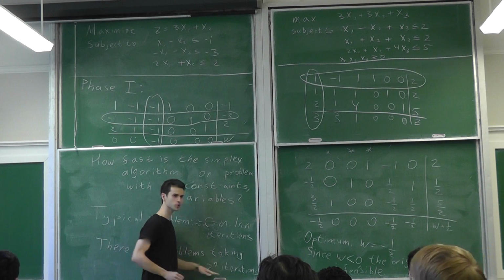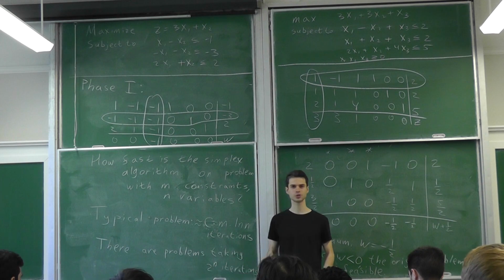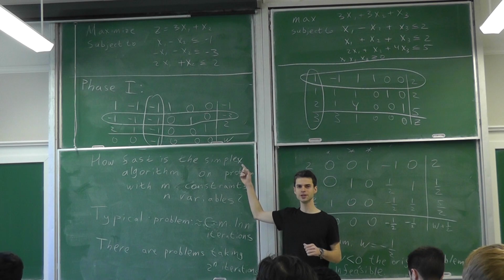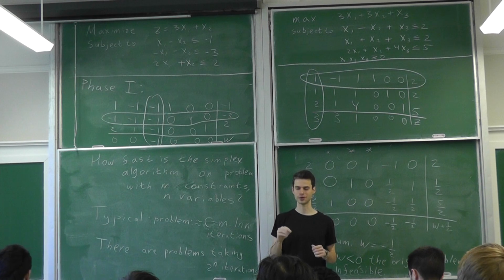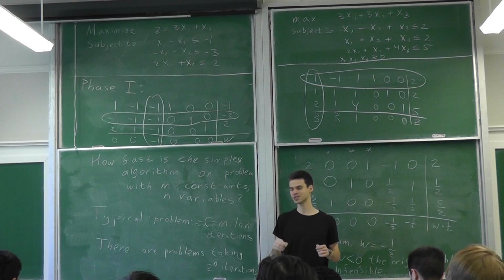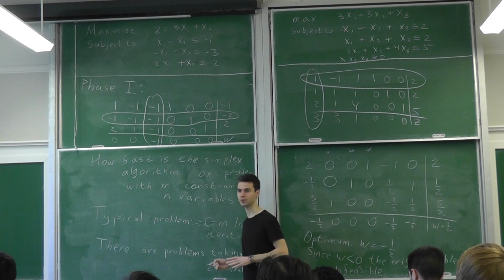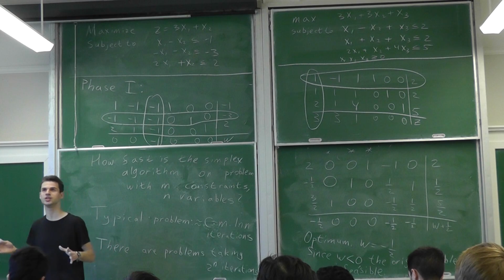I guess this result, 2 to the power n, holds for the largest coefficient pivoting rule. I think that as far as we know, for any pivoting rule that we were able to come up with, there was an example with exponential number of iterations. So from a worst case scenario, the simplex algorithm is not really that satisfactory.